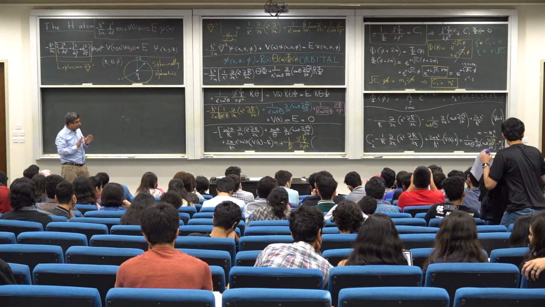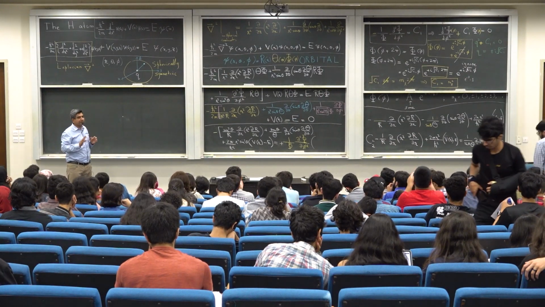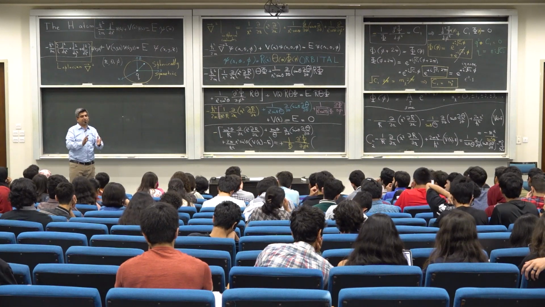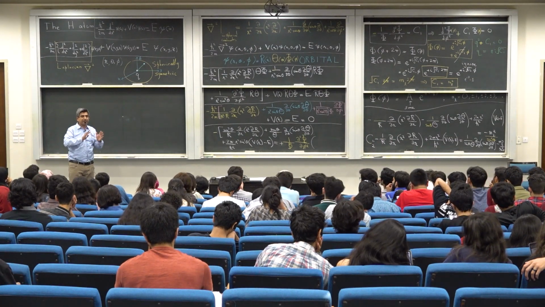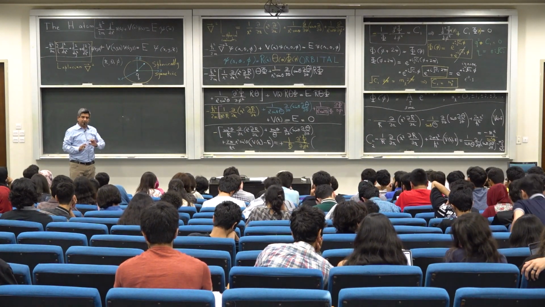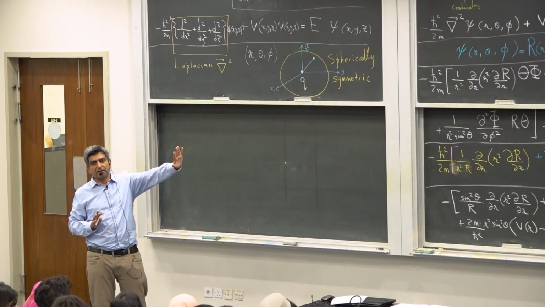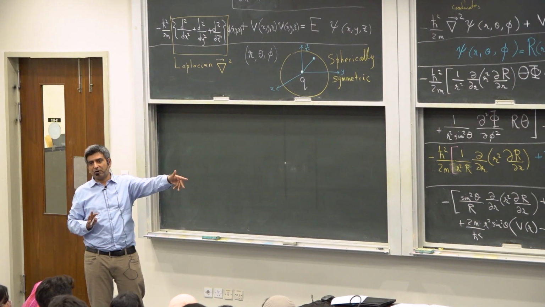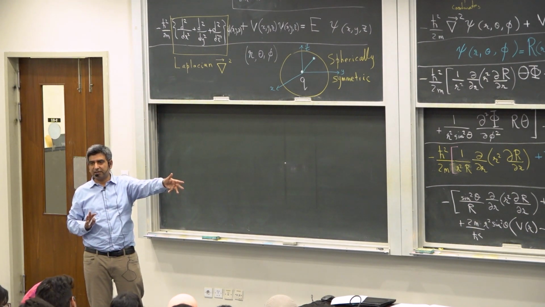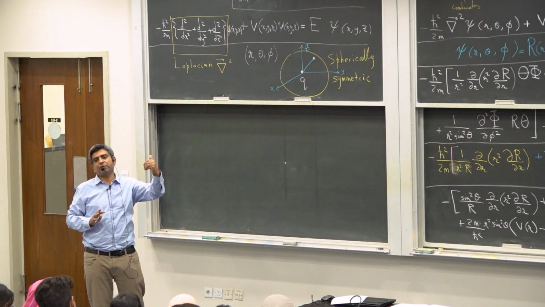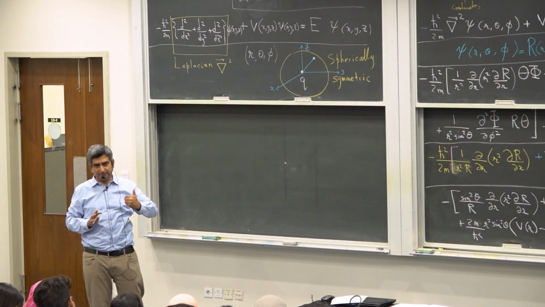So what happens so far is that due to spherical symmetry, we were able to separate out the wave functions. First of all, we found the phi dependent part of the wave function. I've shown you a glimpse of what the theta dependent part looks like, and you can look on your own what the r dependent part looks like.